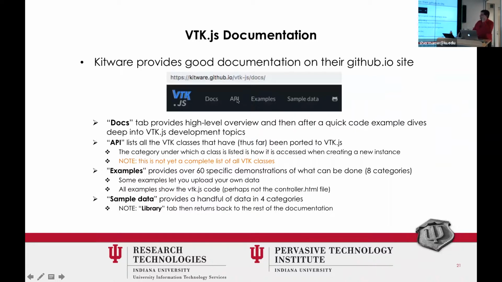The API one is kind of a good one if you're going to be working and developing your own tool with VTK.js. So it lists all the classes that have been ported thus far. Not all the classes that exist in VTK exist in VTK.js, which was a problem for me while I was preparing, because all my old VTK examples use stuff that's not in VTK.js.